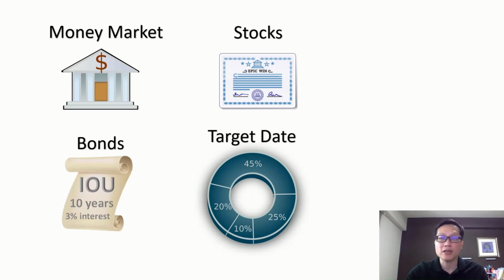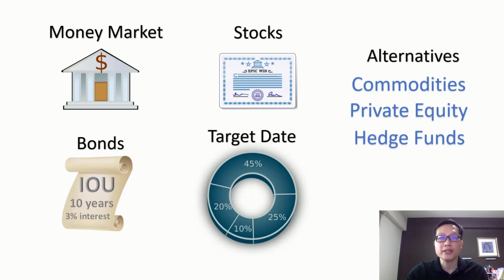A younger investor would have a bigger allocation to stocks, and someone nearing retirement would have less stocks and more bonds. In recent years, there are also mutual funds who are allowed to invest in alternatives like commodities, private equity, and even simple hedge fund strategies.